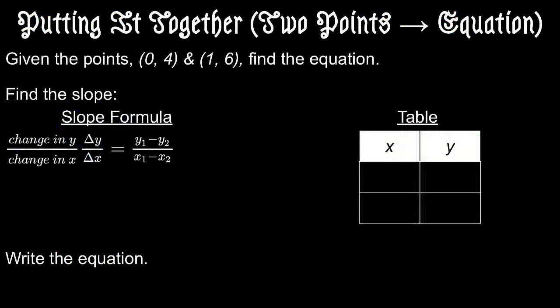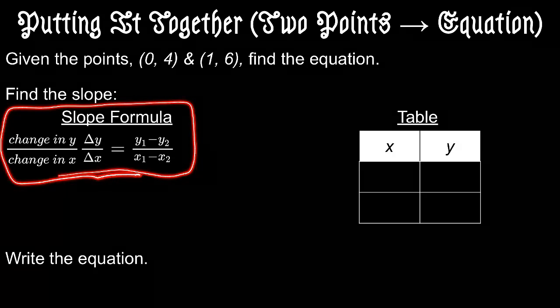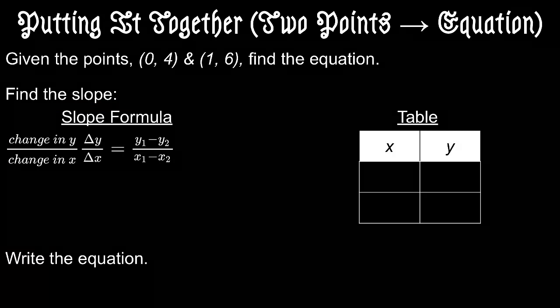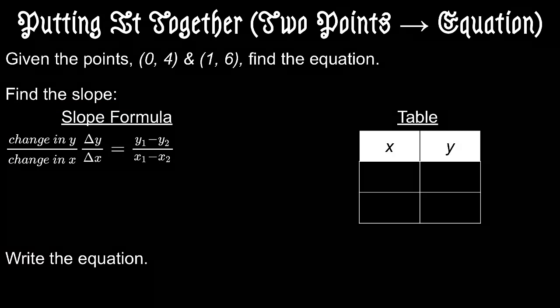Well, here we go on. Now we're going to put all of this together, and I'm going to talk about this new thing, the slope formula. And you may have done this last year as well. And if you did, that's great. We're going to go over it again, and hopefully you'll understand it even better.